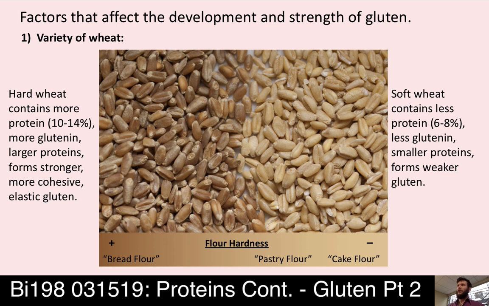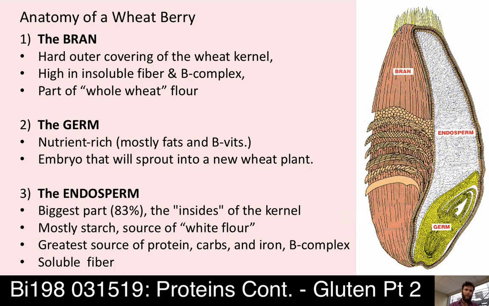It's going to be chewier stuff like breads, pizza crust, bagels, that kind of thing. And then softer wheat is going to be pastries, cakes, crumbly stuff that doesn't have all that protein structure, those protein fibers that we saw in the kneaded dough to help the dough stay together.